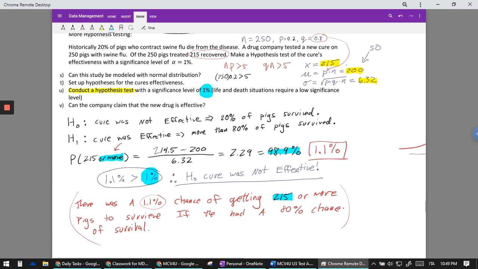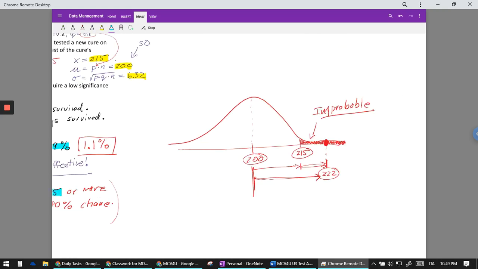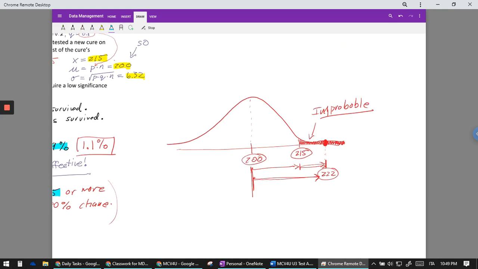In order for it to be extremely effective, it needs to pass a 1% significance test. And a 1% significance test means that it needs to push what should have happened. What should have happened was 200 pigs survived. And in order for us to claim that this drug was effective, we needed a bigger push of something like 222 or 230 pigs to have survived.